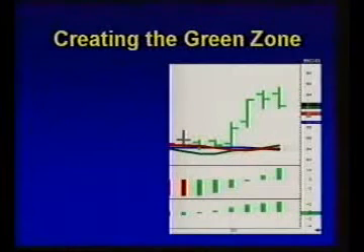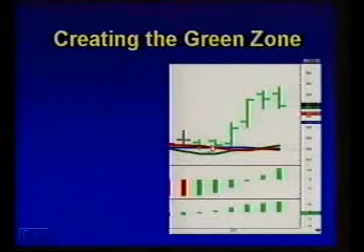The zones are created from the AO and the AC, or the momentum and the acceleration of the market. So the first thing we want to look at, we'll start here on the first green bar. Notice the AC is green and the AO is green, and your price bar is painted green. So that's what creates the price bar. Again here, green, momentum, acceleration is increasing. Here, momentum is increasing.